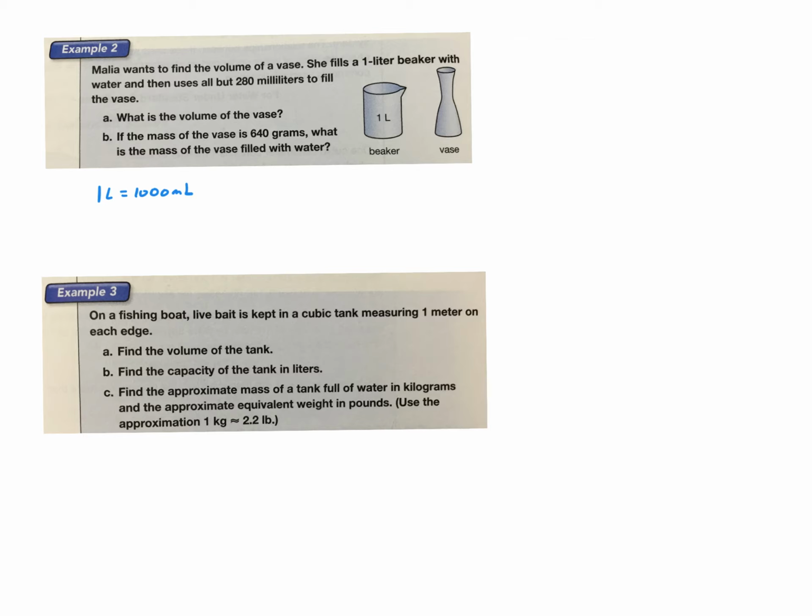So what we need to do is say the 1,000 minus the 280. 0, I have to borrow from there. It's going to be 9. So 720 milliliters, right? She started off with this, and this is what she had left. That means it was 720 milliliters.